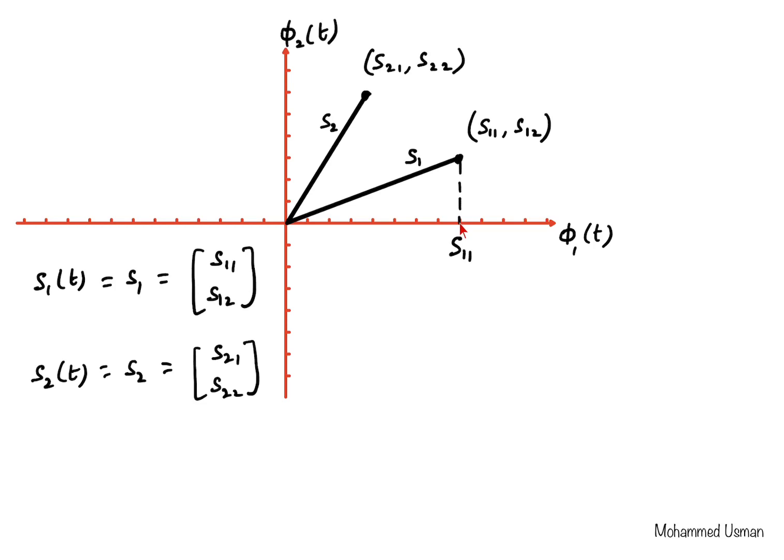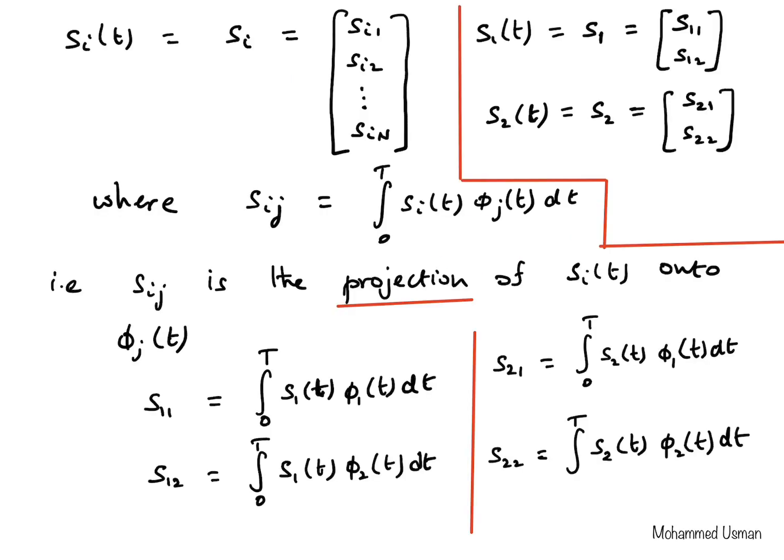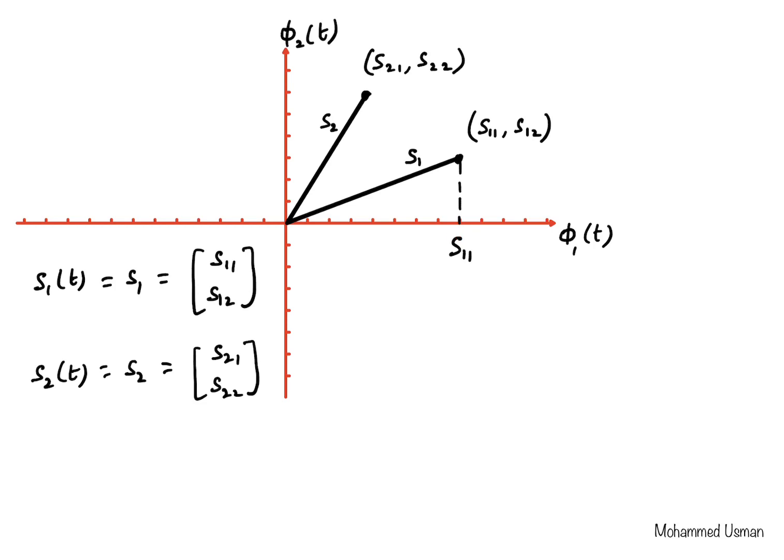So this point here is the projection of S1 onto the basis function phi1 of t, which is S11, and S11 is defined in this way. So it's a projection of S1 of t onto the basis function phi1 of t. Similarly, the projection of S1 of t onto the basis function phi2 of t will give us the value for S12.